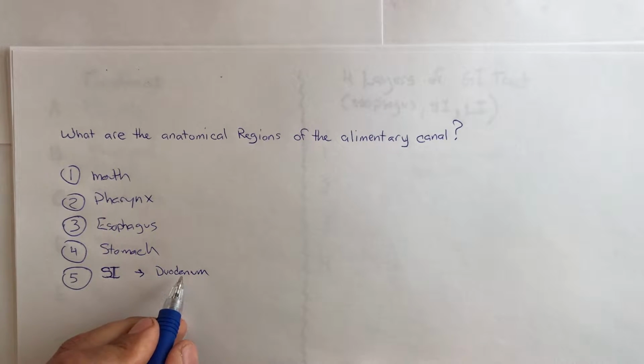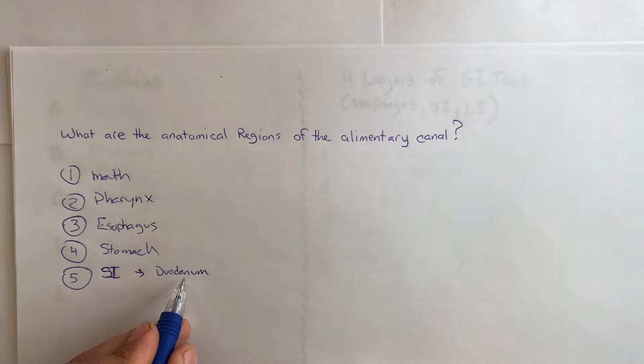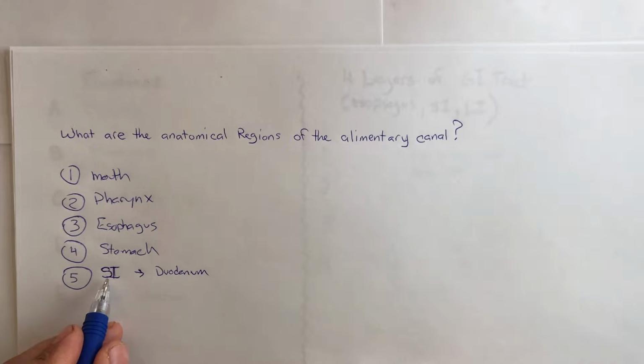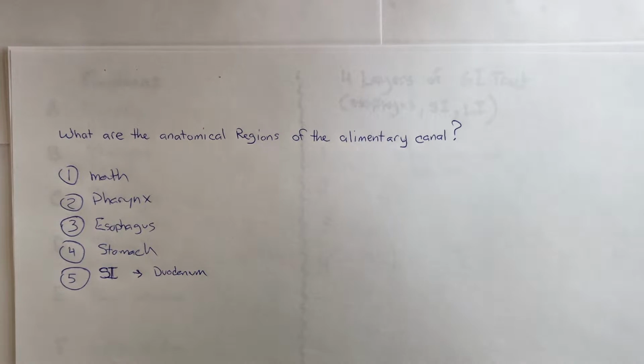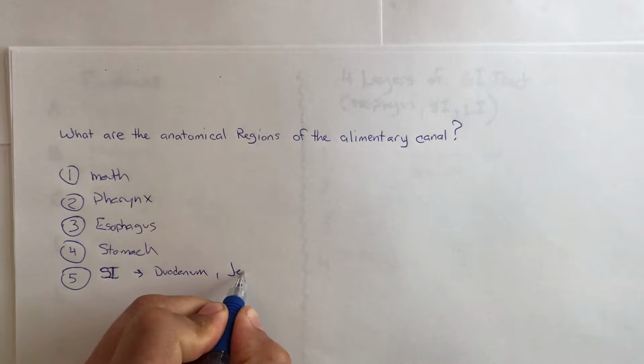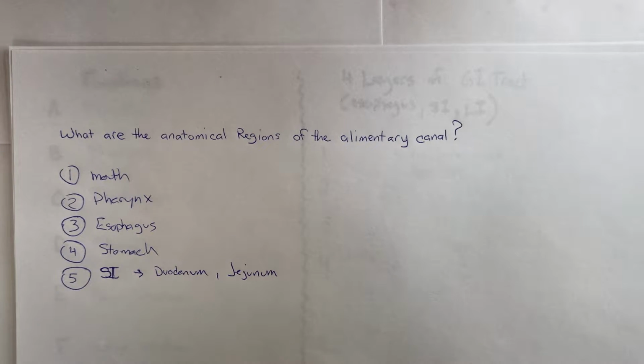This is where the pancreas secretes digestive enzymes into the first part of the small intestine. We also have the second piece, which is called the jejunum. And the jejunum is where lots and lots of absorption occurs.